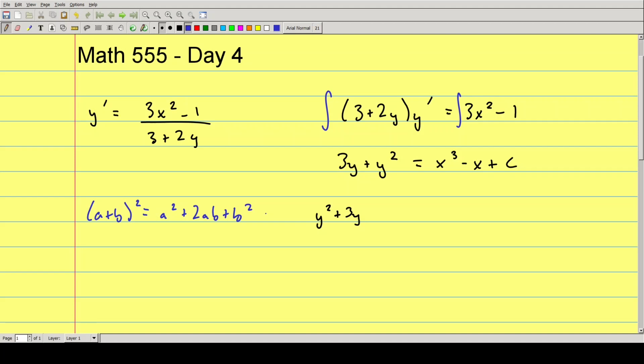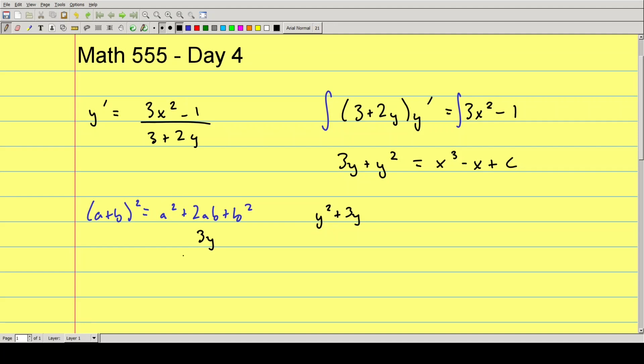We have to add the piece that's missing, right? So when I look at 3 times y, I have to think about 3 times y as 2 times something. One of those somethings is very clearly y, because I need y squared for a.